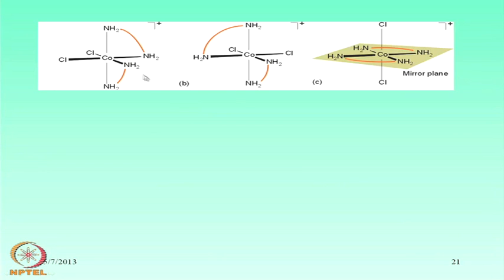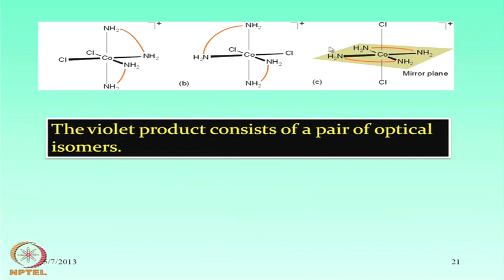So, we get for the cis arrangement these two isomers, and these two isomers are optically active also, but for the trans isomer, the trans plane itself is the mirror plane. So, we have only one particular isomer which is optically inactive and which has a mirror plane, the plane containing the two chelate rings. The violet product is the cis product, and this violet product consists of a pair of optical isomers.